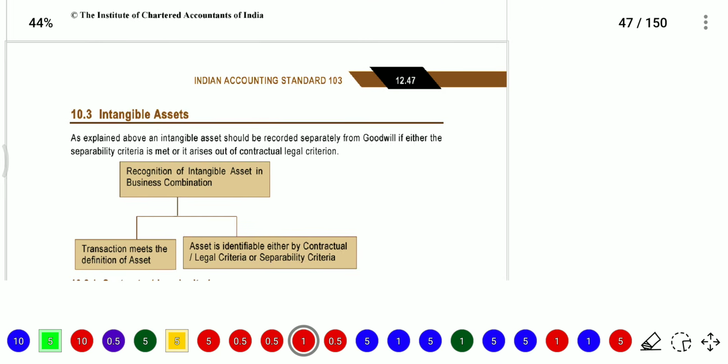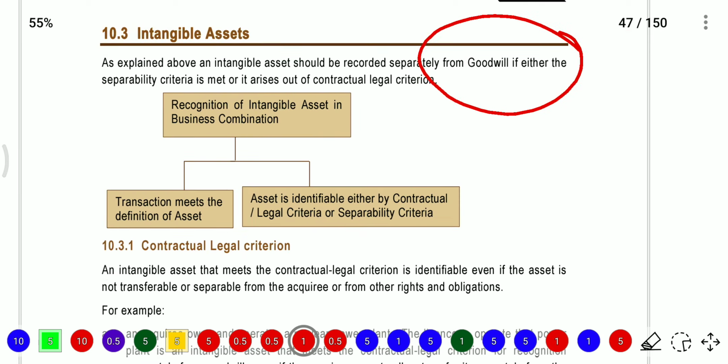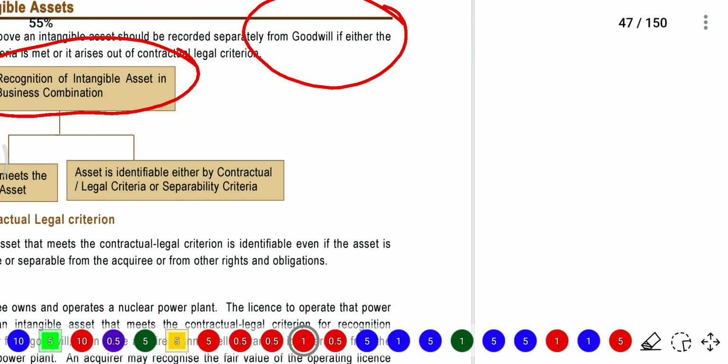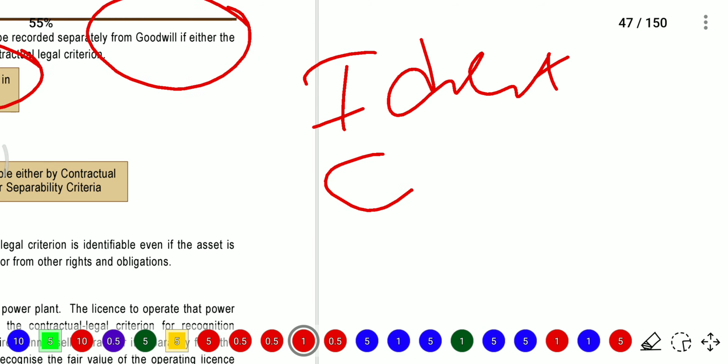Next, intangible assets. Intangible assets are dealt with under Ind AS 38, and here, for goodwill, either the separability criterion is met or it has arisen from contractual agreements. So for recognition of intangible assets in a business combination, the item must meet the definition of an asset. Under the intangible asset definition, it must be identifiable, and it must have expected future economic benefits and control over the asset.